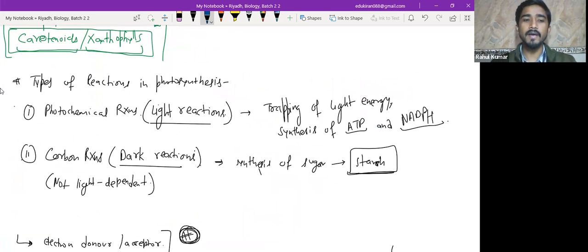We know by now that there are two different kinds of reactions: one is light dependent and the other is not light dependent. The light dependent one is called the light reactions or the photochemical reactions. The other one was conventionally called the dark reaction, whereas it is simply the carbon reactions, or synthesis reactions, where you synthesize the sugar.